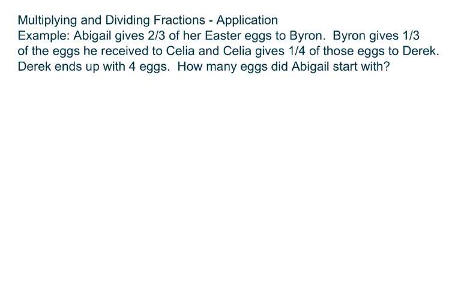Let's see if we can restate it by trying to compare what Derek ended up with to what Abigail started with. We don't know how many she started with. But looking at it sort of backwards from Derek's point of view, Derek ends up with 1/4 of the eggs that Celia got, which is 1/3 of the eggs that Byron had, which is 2/3 of the eggs that Abigail has.